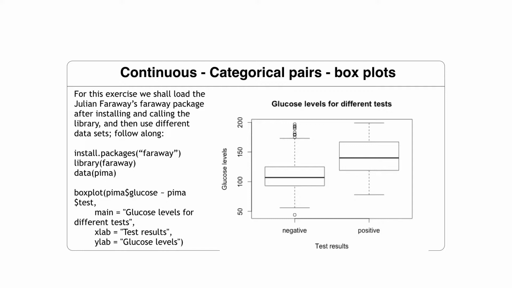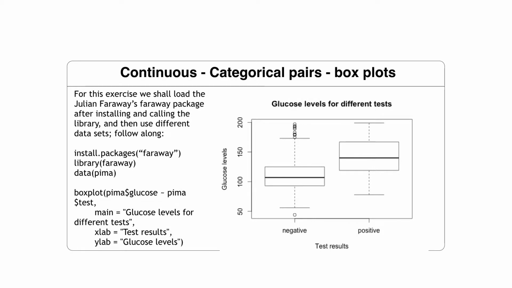As a result of this, you find that there are two boxes stacked one after the other, negative versus positive, because R in general follows an alphabetical order in which it lays out the visuals. So for negative, you get a box plot. For positive, you get another box plot.